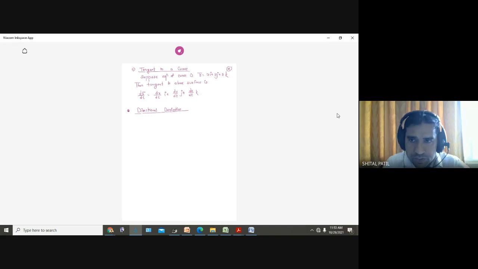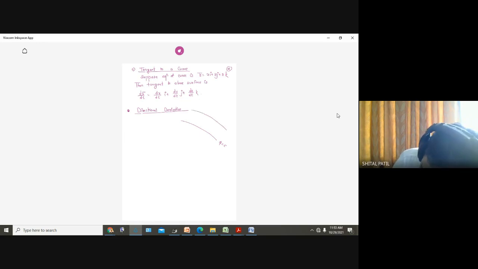See towards the board and understand. See, I have one level surface over here, phi equal to C. I am making a small change in phi and then I am finding one more level surface.